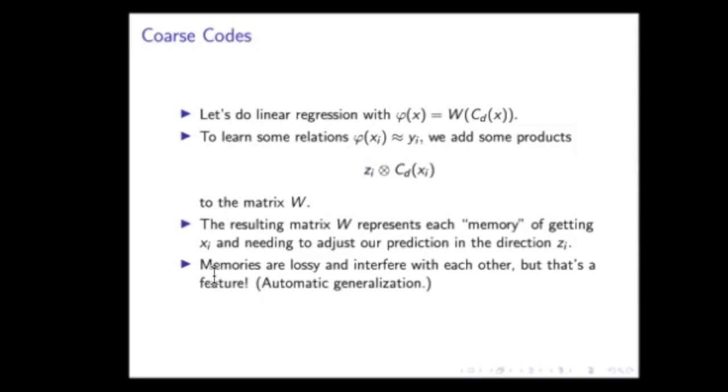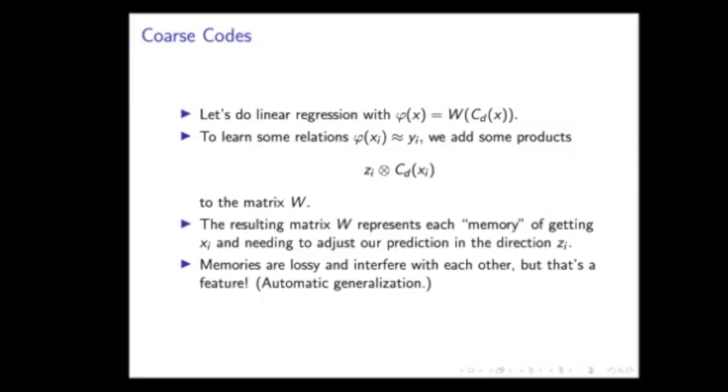It's also worth thinking about the fact that the memory being lossy here is kind of a feature, because when I update on xi and want to move it in direction zi, this also automatically changes my prediction for other points which are similar to xi. So what I'm describing here is just linear regression on some feature space. It's not exciting at all, but I thought it was a cool example of adding together coarse codes to represent a set of objects.